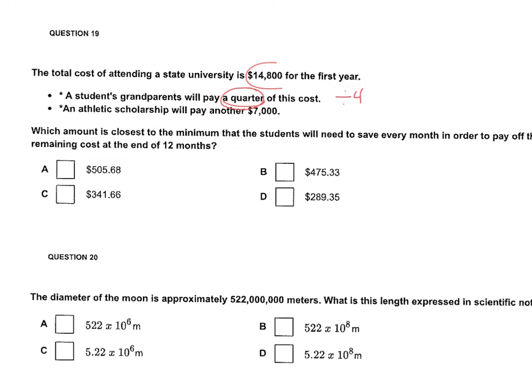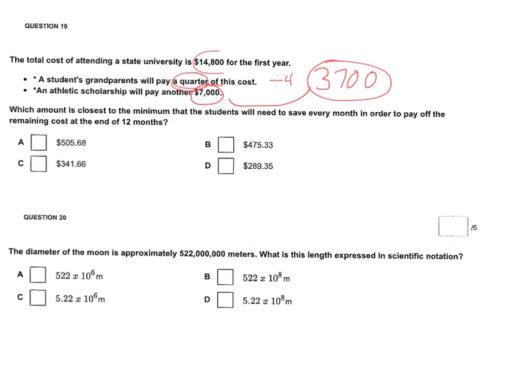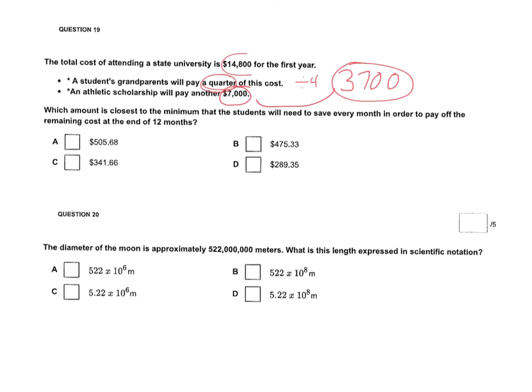So 14,800 divided by 4 is 3,700. So the grandparents are paying $3,700. And an athletic scholarship will pay another $7,000. So scholarships just like they give you money. So both of these things are free money. That's money that's going towards the total that she doesn't have to pay. Or he. Could be a he.